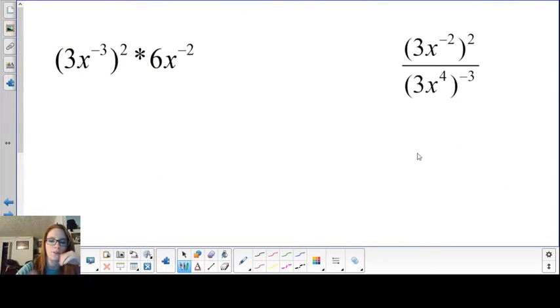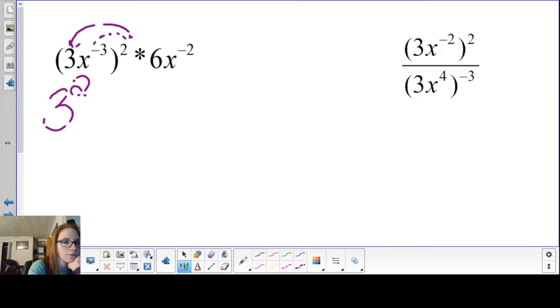Okay, let's go ahead and try this next example. So again, everything gets a 2. So I have 3 squared, x to the negative 3 times 2.